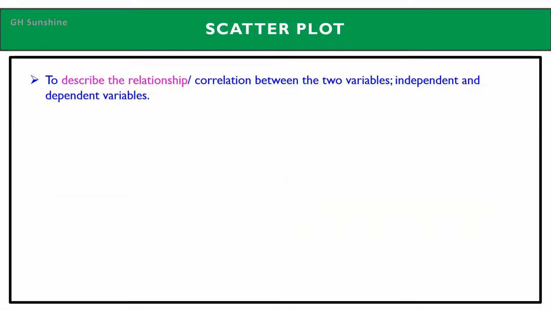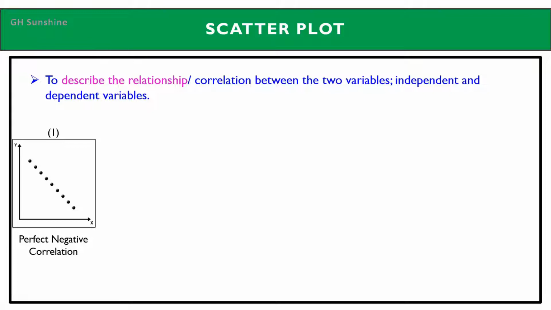First, let's look at the scatter plot to identify the relationship between the two variables. The scatter plot is used to describe the relationship or correlation between the two variables. This one is perfect negative correlation: X increases, Y decreases, so it is a negative correlation.